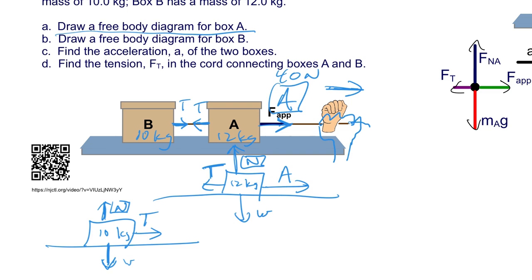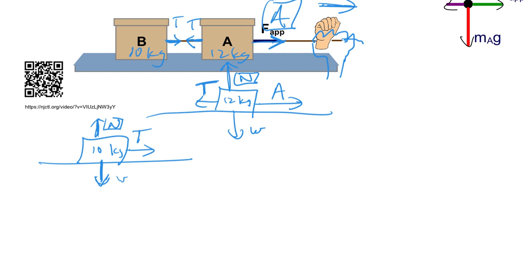Find the acceleration of the two boxes. Okay, here's the trick. Each big T, the tension in the string right here, between them, connecting them, cancels out, because one's negative, one's positive, and they equal each other. So basically, if you smush the two boxes together, the tensions cancel out.